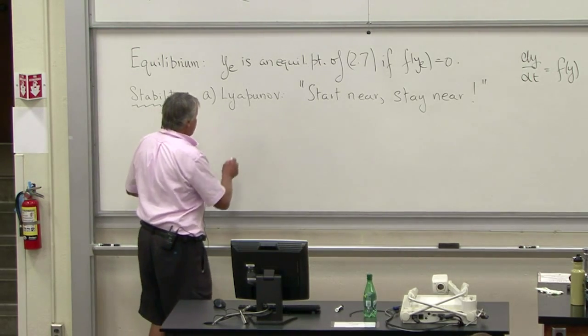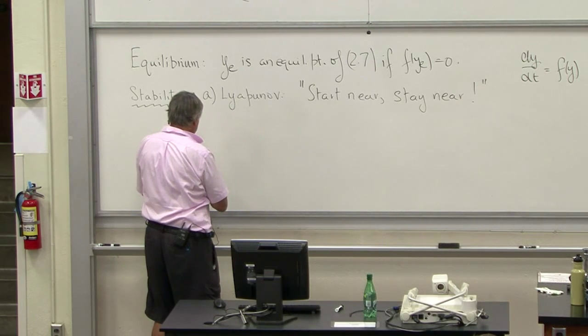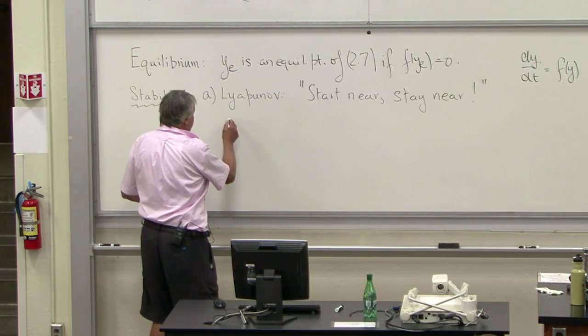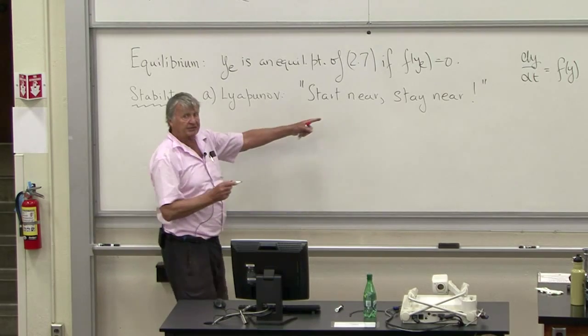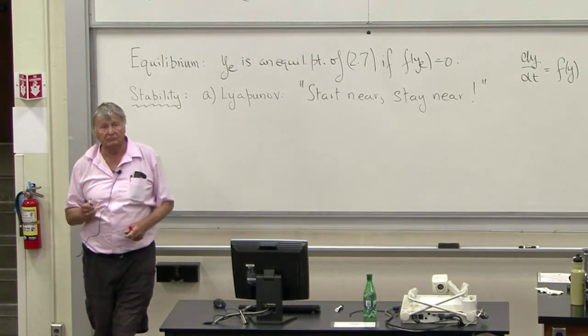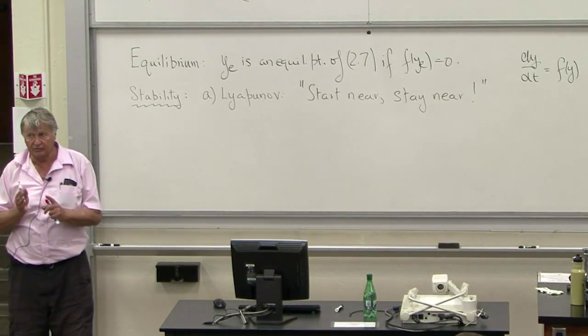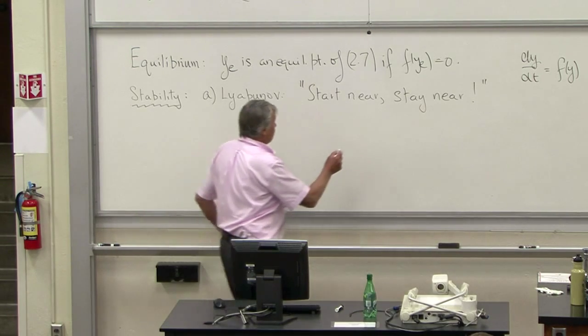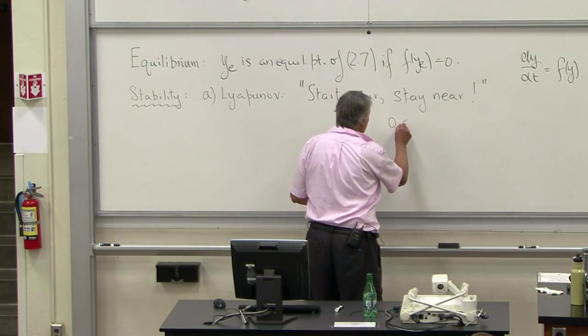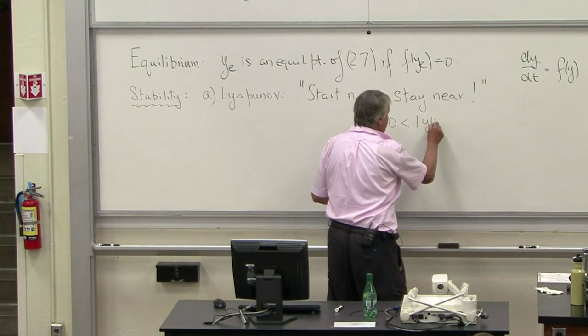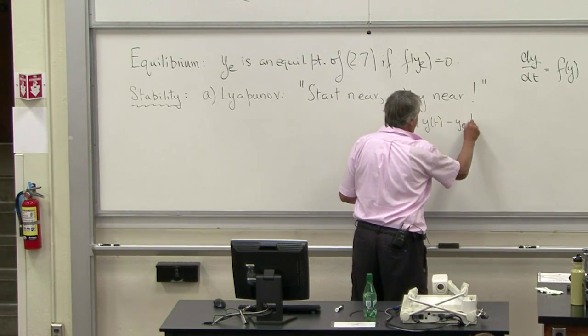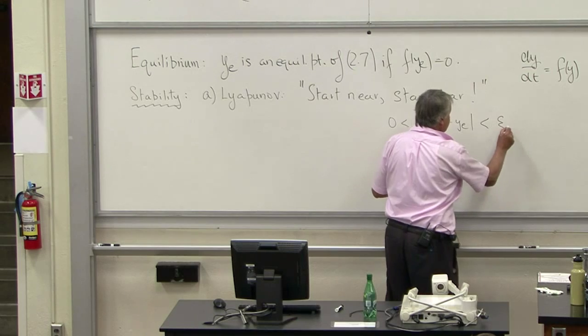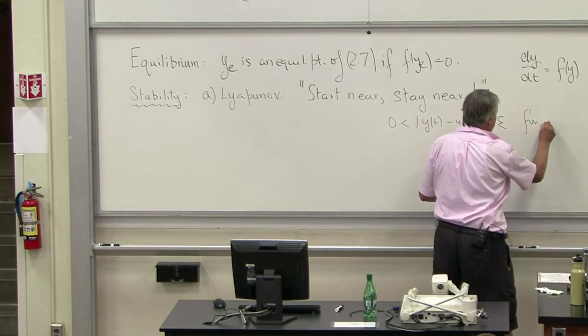Roughly it says that if I want to stay within an arbitrary epsilon distance from the solution, the difference between y of t and y of e must remain small for all time.